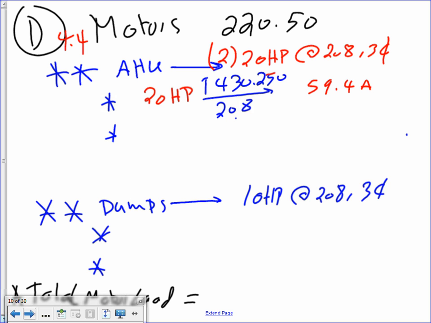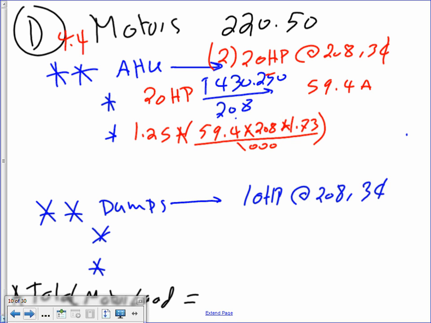And then you do this math. You're going to do the following: 1.25 times 59.4 times 208 times 1.73 divided by 1,000. Don't forget 1,000. That's the largest motor plus all the other motors, which is only one more: 59.4 times 208 times 1.73 divided by 1,000.